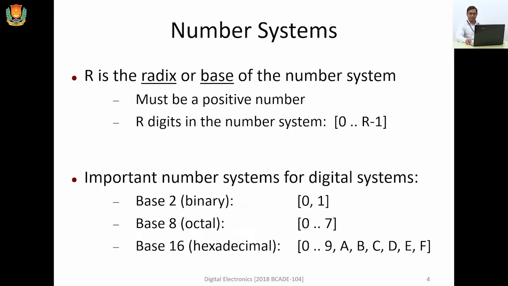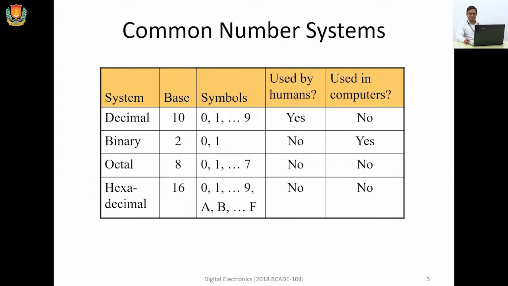Second is the octal number system, and decimal as we know, and the hexadecimal number system. The decimal number system is very useful in our daily life. Computer systems use the binary number system. The hexadecimal number system is used in microprocessors and a lot of microcontroller systems.